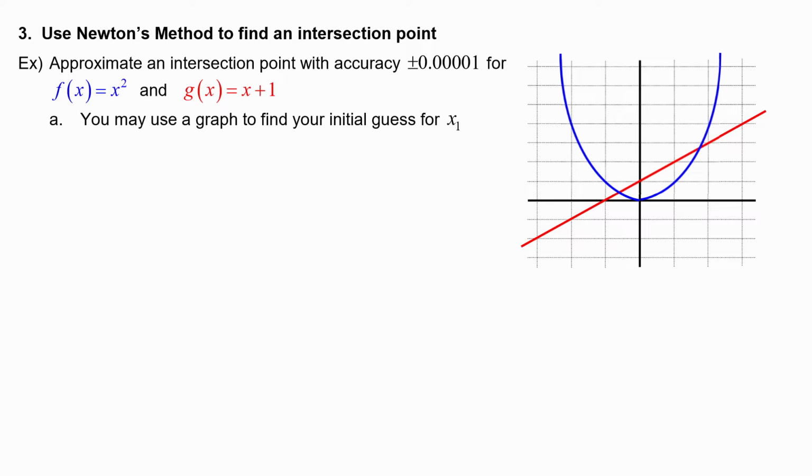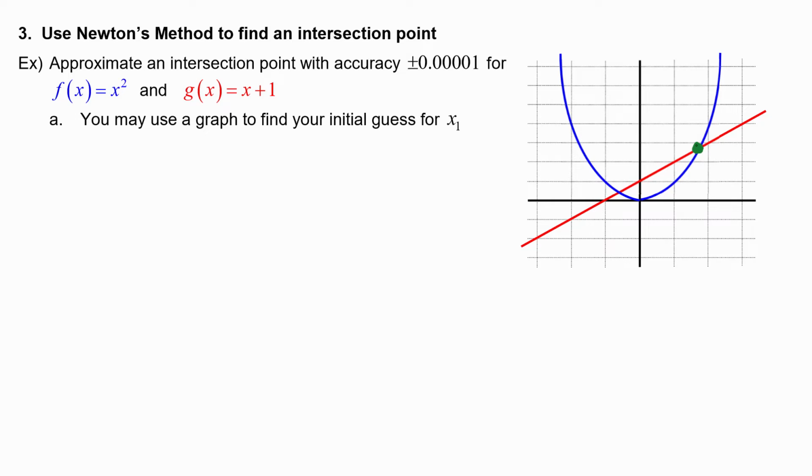Now we have the graphs of these two functions over here. Of course, this blue one is x squared and the red one is x plus 1. And we see there's a couple of intersection points. We're just going to find one of them. So maybe we will go after this intersection point right here.